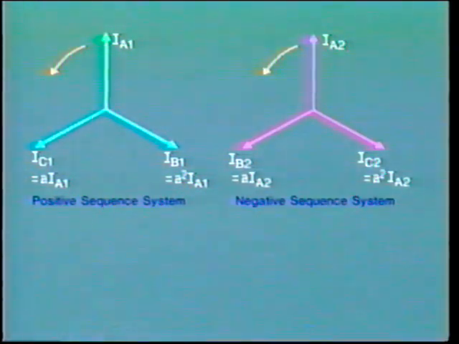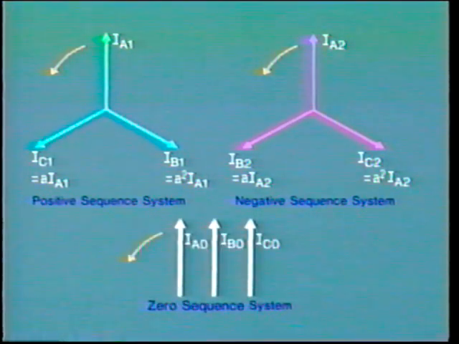Here is the same notation for the negative sequence system and the zero sequence system. In order to simplify calculations for the computer, the different values are written in terms of a common phasor, say IA1, using the A operator.